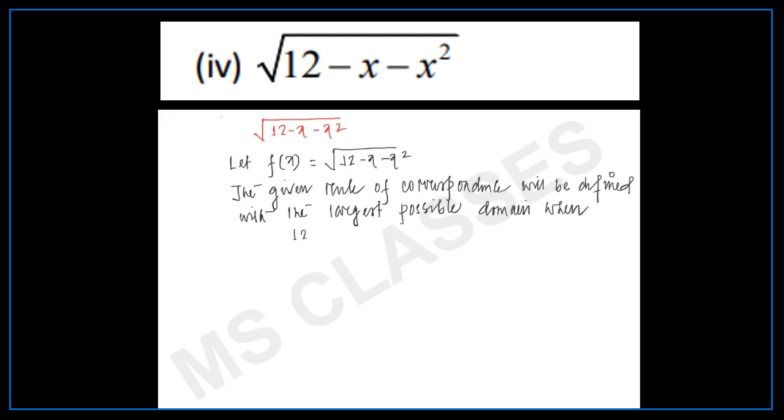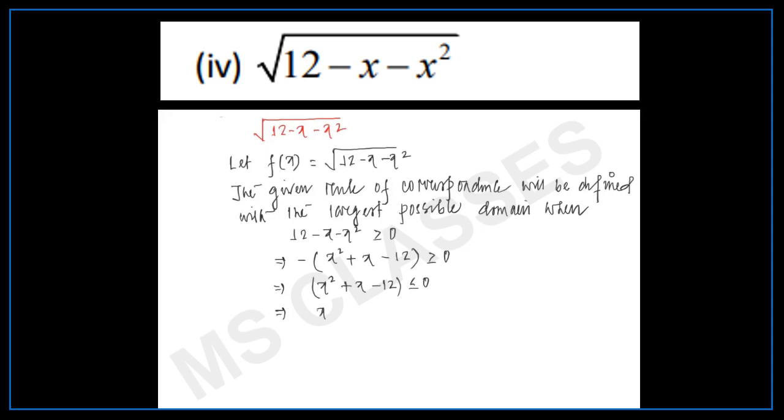12 minus x minus x squared is greater than or equal to 0. We take minus sign common to make the coefficient of x squared as 1 and we get x squared plus x minus 12 less than or equal to 0.